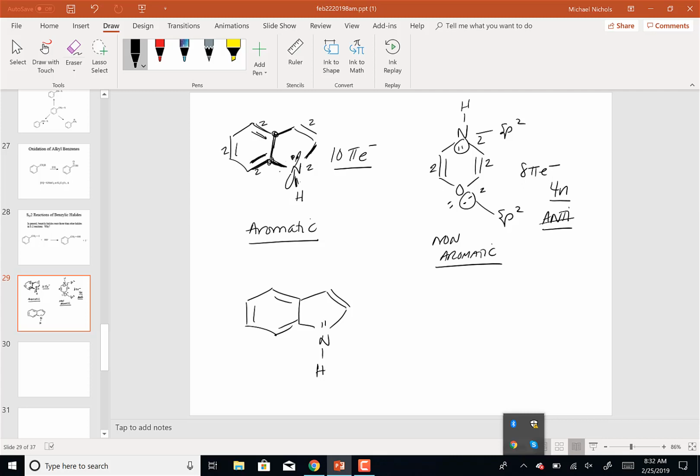So that's an illustration of a system that, if all of the atoms were to become planar, would be anti-aromatic. One of those two atoms is going to say, no, I'm just going to stay sp3 hybridized. And if it stays sp3 hybridized, you're going to have 5 of the atoms in a plane, and then one drops down or up.